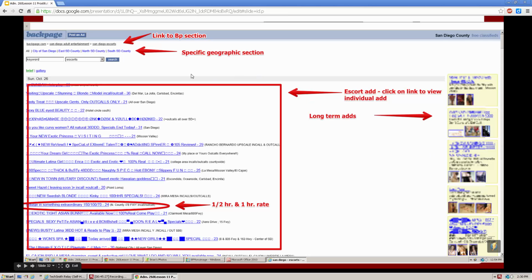When you click on that other link, say under escorts, this is the screen you get. This is the link section. Now you can even get into more specific geographic locations within the county. You could have the entire county under the escort section, or just go for the city, or the east, north, or south part of the county.